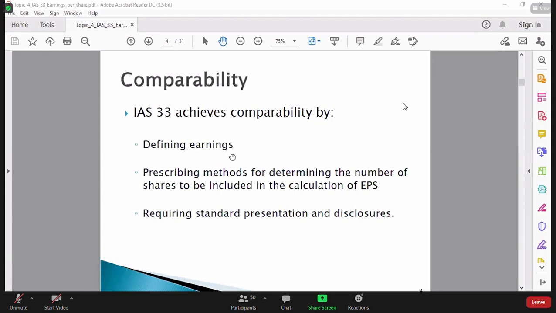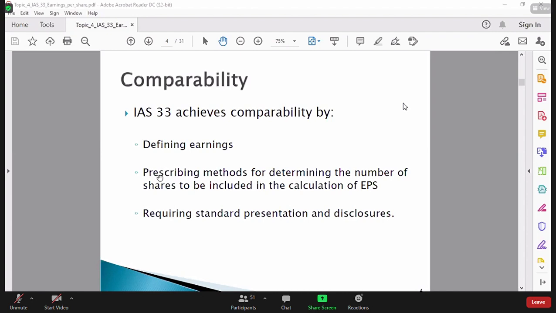Remember I mentioned earlier, the earnings here is profit after taxation, and then you should also minus any preference dividends, meaning you should minus whatever commitment that the company must settle before they can provide earnings or return to the shareholders. Then, prescribing methods for determining the number of shares to be included in the calculation of EPS.